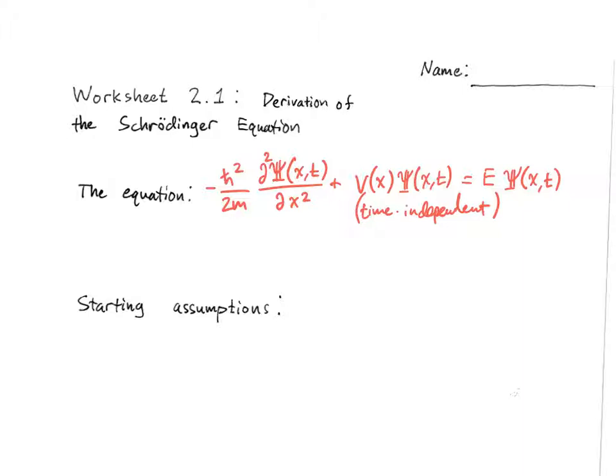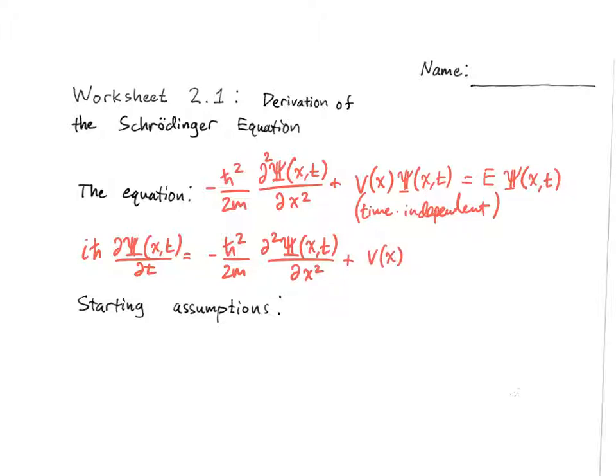And now we're going to write the time-dependent version of the Schrodinger equation. The time-dependent one is the imaginary number i times h bar, and then the first derivative of the wave function with respect to time, equals negative h bar squared over 2m, second derivative of the wave function again, and then the potential energy times the wave function again.